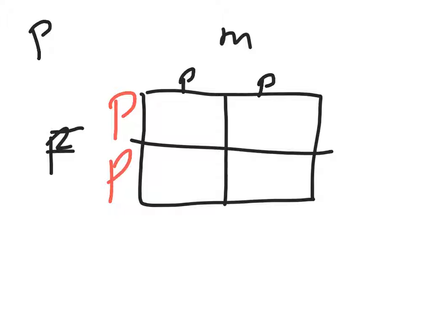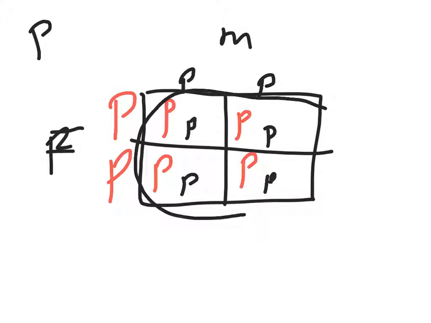Okay, and here we then cross them, and we have P. This is the F1 generation.